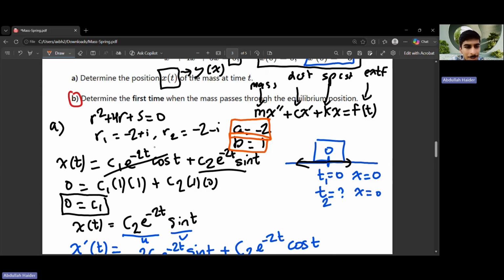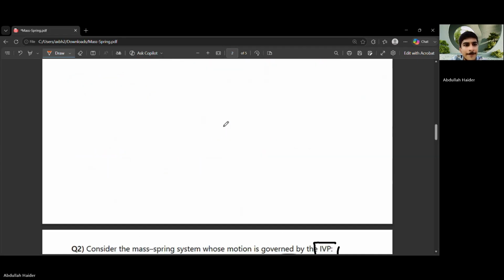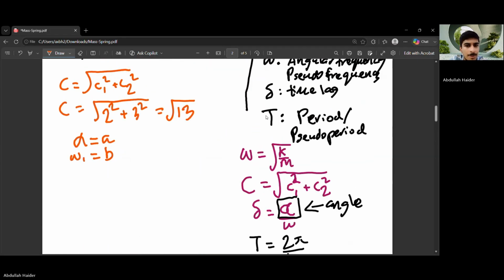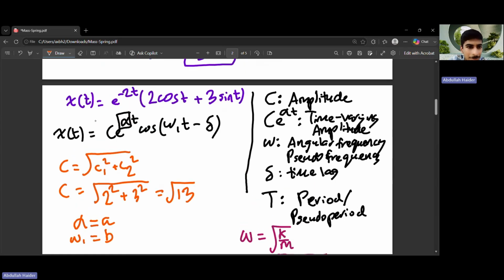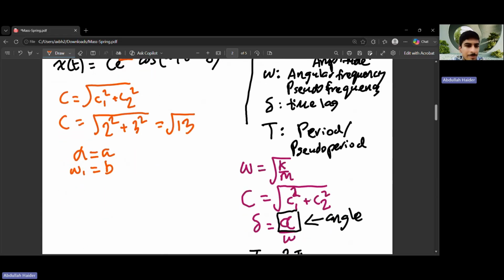Basically, you look at the complex root of the auxiliary equation. For this question only, because I don't know why the question was designed this way, this alpha is clashing with the alpha of the angle over here.